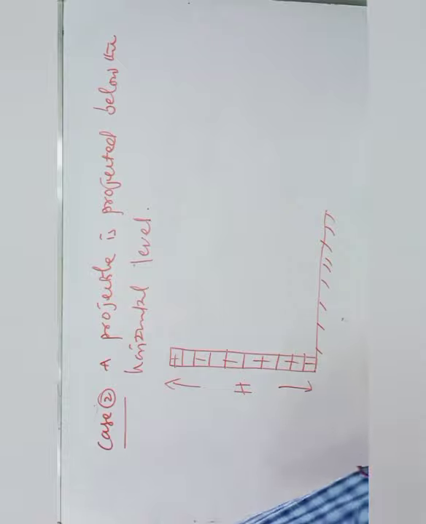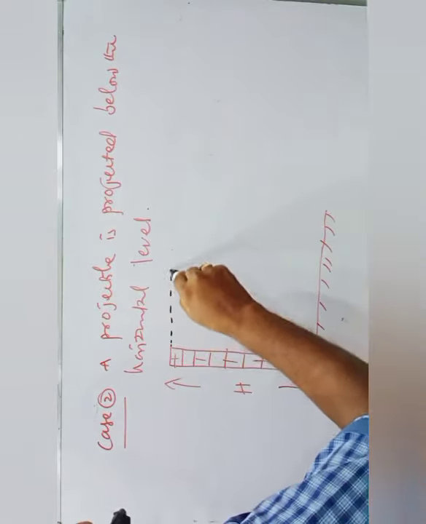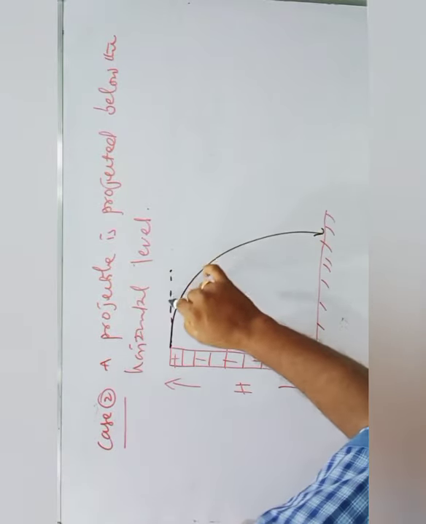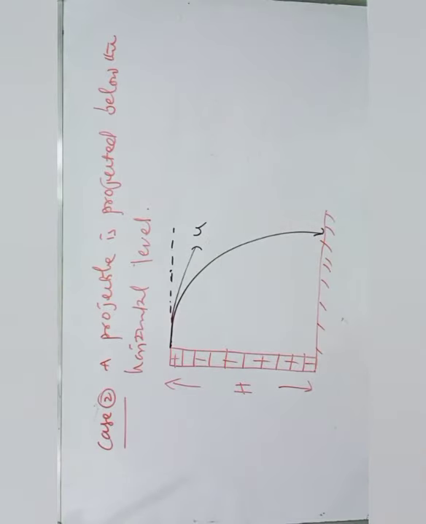Now the projectile is projected below the horizontal level with an initial velocity u.